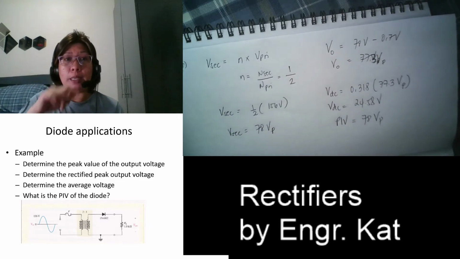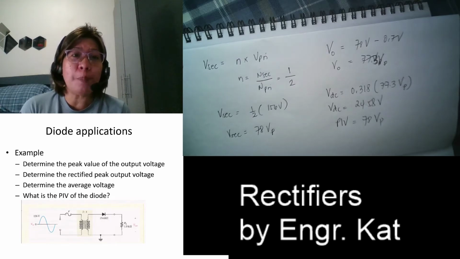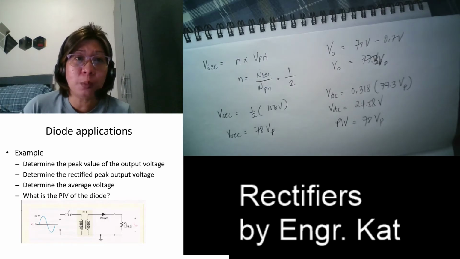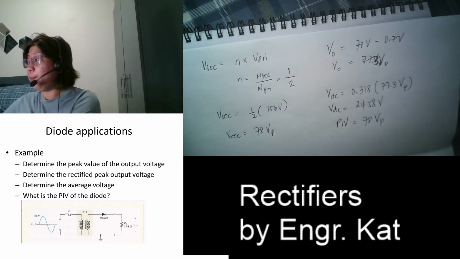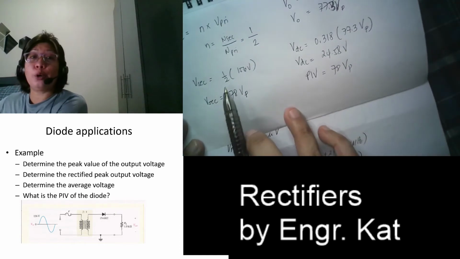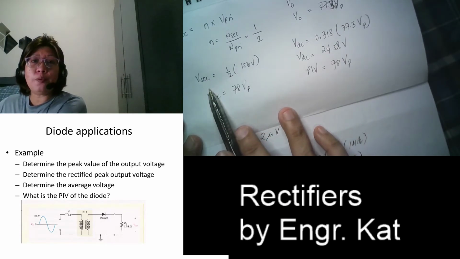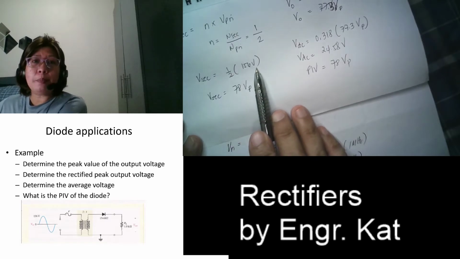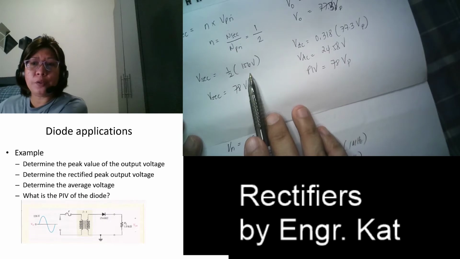So what do we mean by that? That means we have a step-down transformer. So we are stepping down your 156 volts by its half. Okay? So therefore, the one that will reach your rectifier circuit is equivalent to N multiplied by the primary voltage. So that is 1 half multiplied by 156 volts.